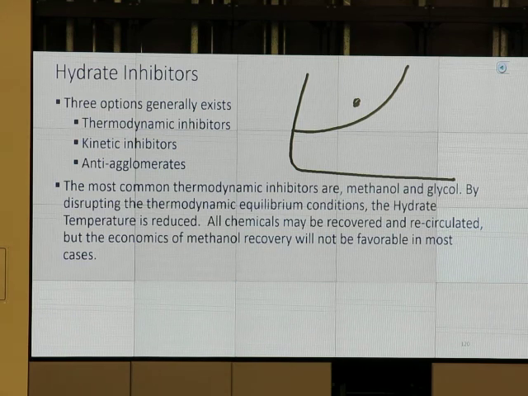The reason is when we go inside the phase envelope, it is not 100% sure that it will form, or it doesn't form immediately. It's not like bam, it's formed. It takes time. It may be 10 minutes. If I say, hey, hydrate forms, does it mean that it formed right away? No. I can say that hydrate forms, you can say that hydrate forms, that's for short.